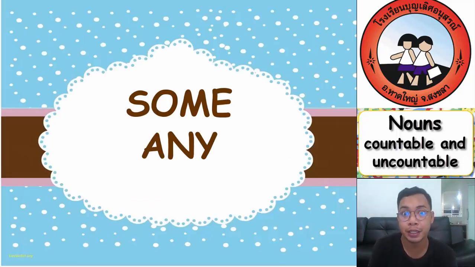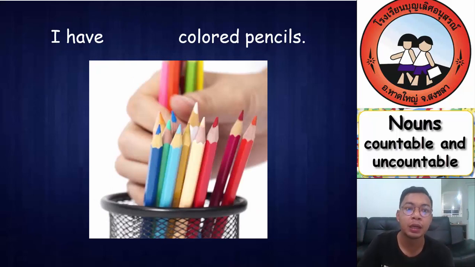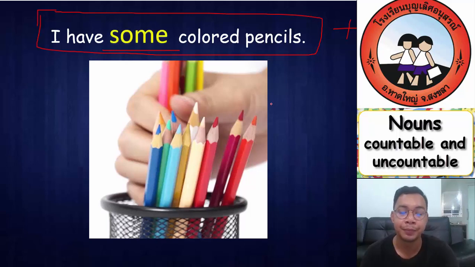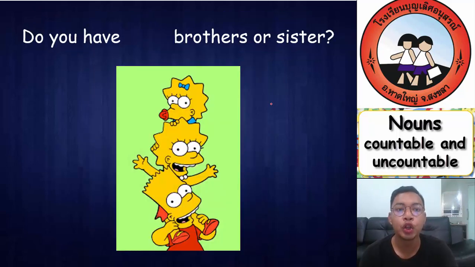Alright, so now let's practice using some and any. This one: I have blank colored pencil. Is this sentence an affirmative, negative or question sentence? ประโยคนี้คือประโยคอะไร ประโยคบอกเล่าบวก. If it is an affirmative sentence, we use some. Okay, next one: Do you have blank brothers and sisters?